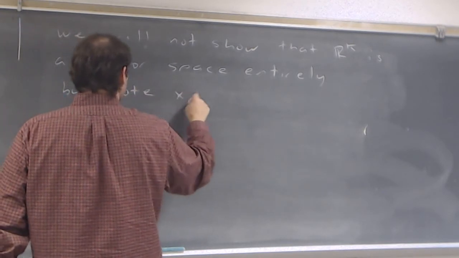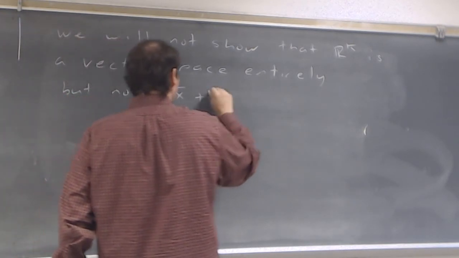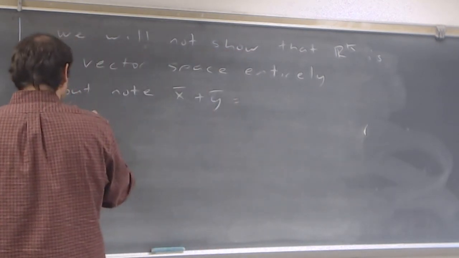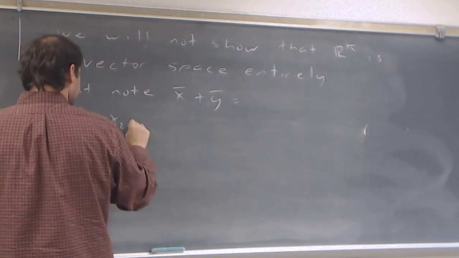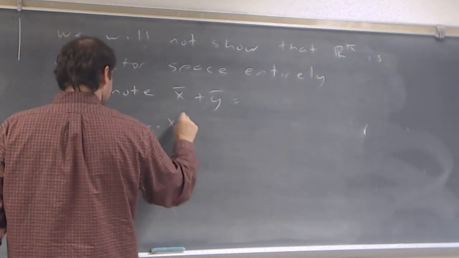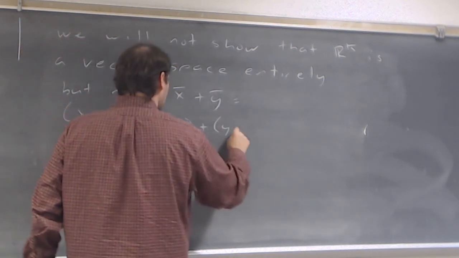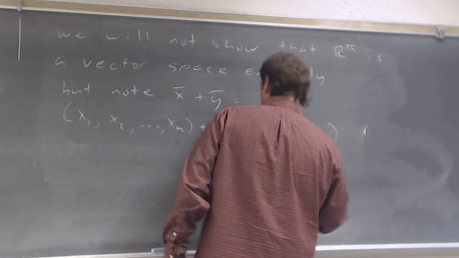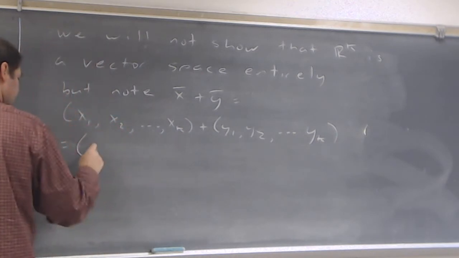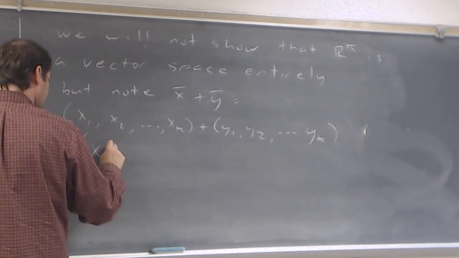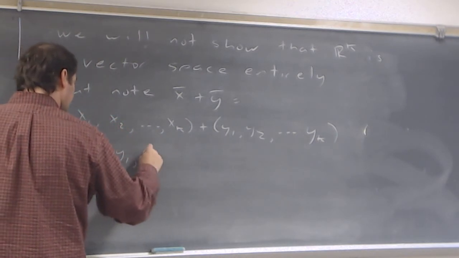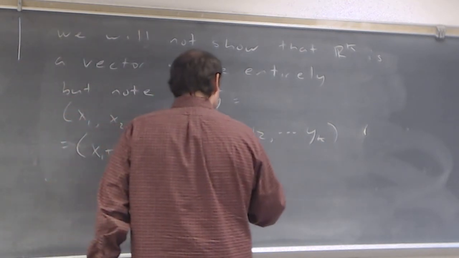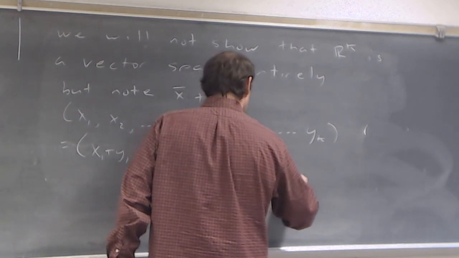But note, if I took x bar plus y bar, which would be equal to x1, x2, up to xk, plus y1, y2, up to yk, and add them together, I get x1 plus y1, comma, x2 plus y2, comma, and then xk plus yk eventually.